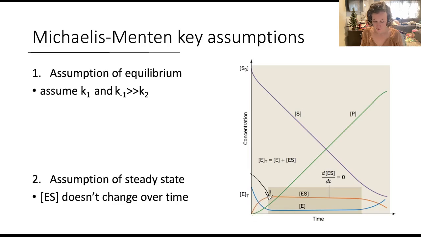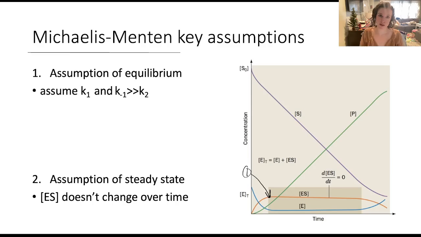Up until this point in the graph, you see that the concentration of enzyme substrate complex is increasing, and you see the concentration of free enzyme is decreasing. But right at this point where I've indicated, this is where assumption 1 is met. So in this area, starting from here on, we meet assumption 1.